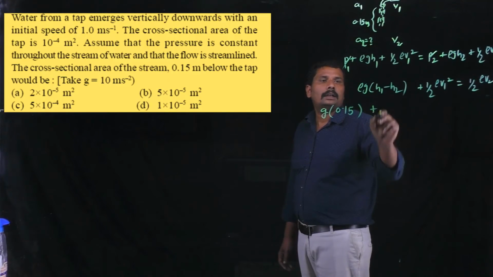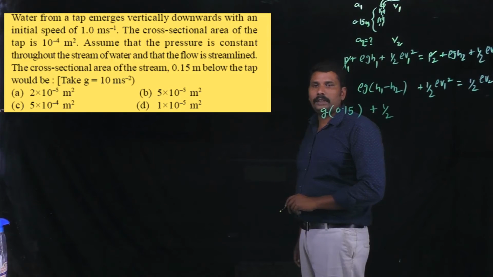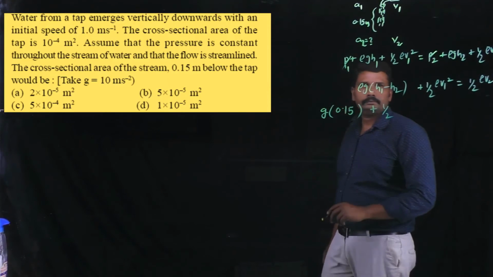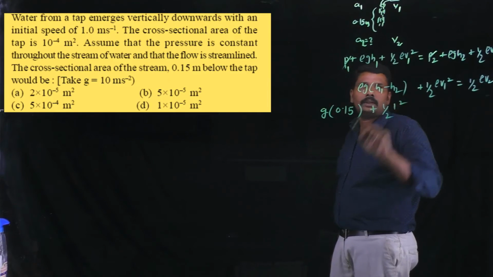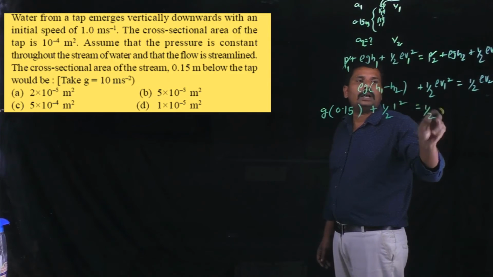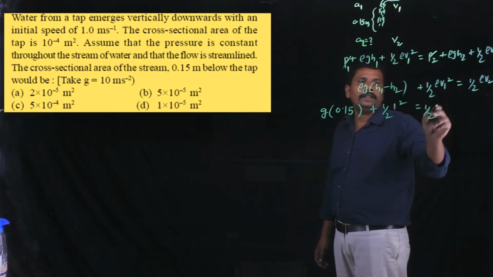plus half v1 square. The value of v1 is 1 meter per second, so 1 square equals to half v2 square, rho is already cancelled.